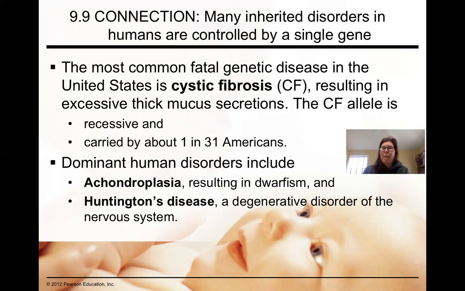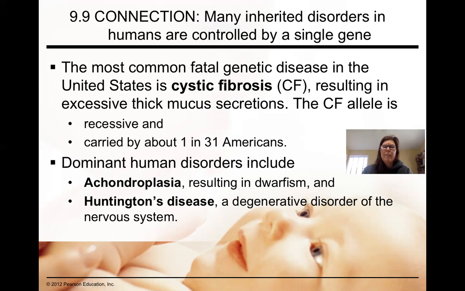And when that transporter is not made correctly, you fail to maintain homeostasis. And because of that, remember we talk about water following the salt. Well, that's what happens, and then we start to secrete this thick mucus. And they tend to get this in their lungs and in their digestive organs, specifically their pancreas.